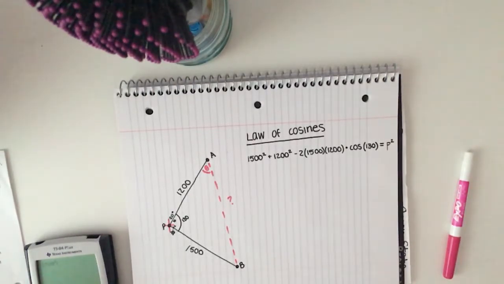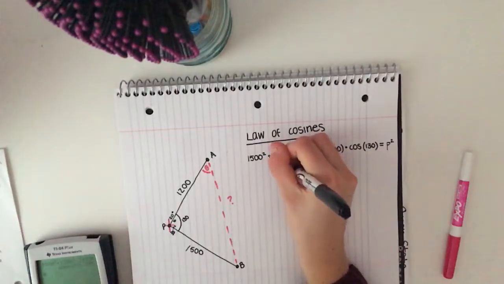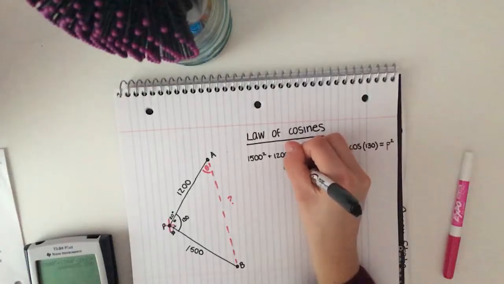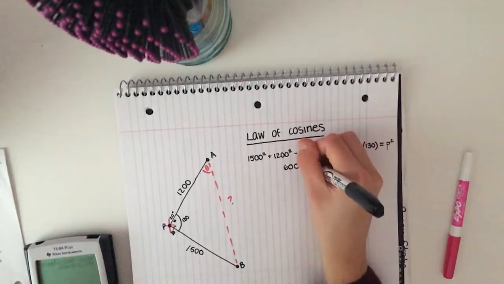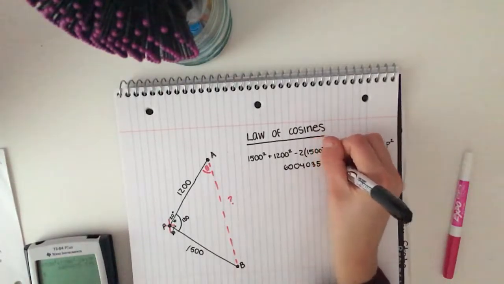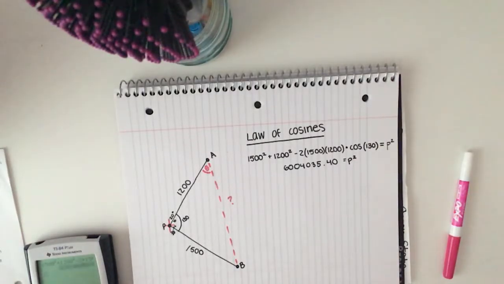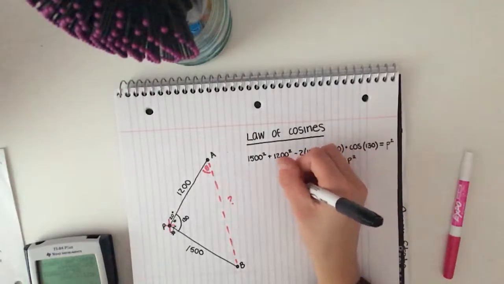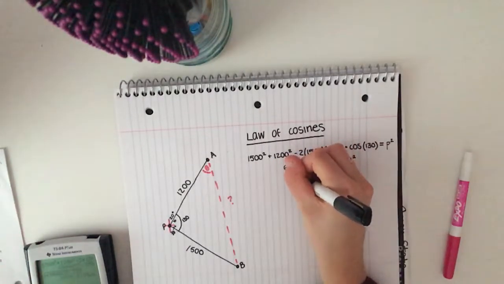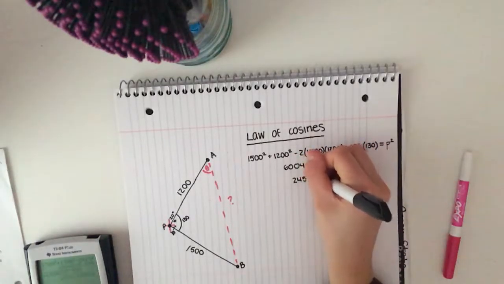1,500 squared plus 1,200 squared minus 2 times 1,500 times 1,200 times the cosine of 130, and that'll get you a very large number, which is 6,004,035.40, but that's p squared, so then you take the square root of that, and you will get 2,450.31.